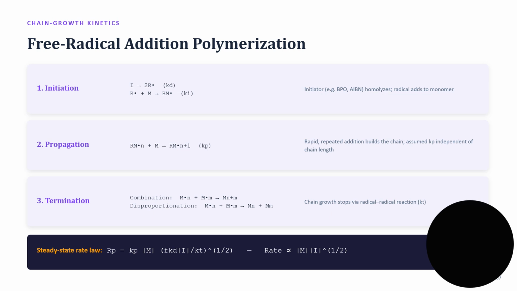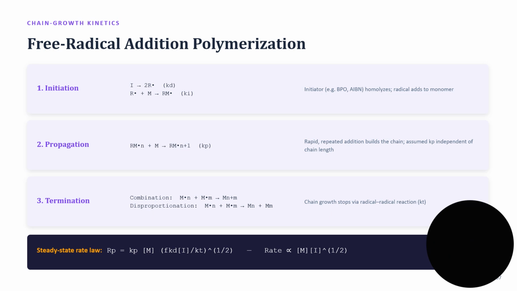In simple terms, the rate of polymerization is proportional to monomer concentration and to the square root of initiator concentration. The half power dependence on initiator concentration is a hallmark result. Memorize it because it appears again and again in exam questions.